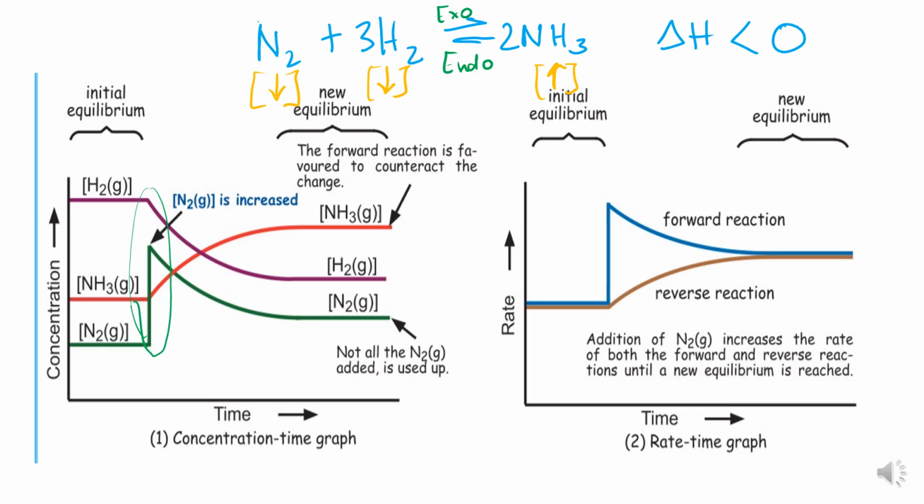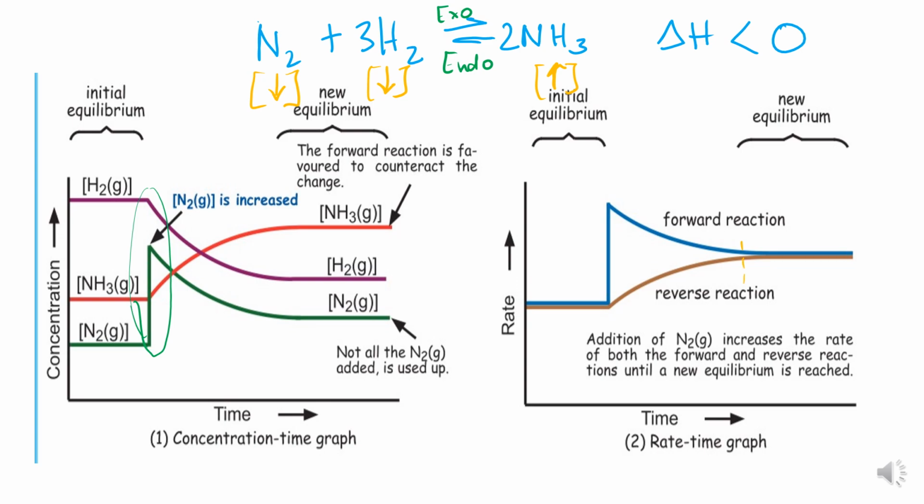While if you look at a reaction rate versus time graph, you'll see that after the disturbance has happened, one of the reaction rates has a sharp or a drastic increase, right? And then the other one increases gradually, and then you'll see here that equilibrium is reinstated again.